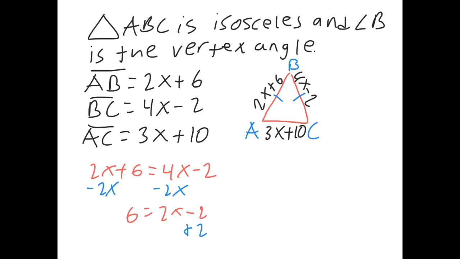Add 2 to both sides will give us 8 equals 2x. Divide both sides by 2. And that'll give us x equals 4.